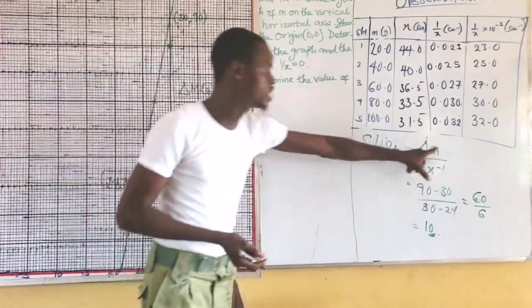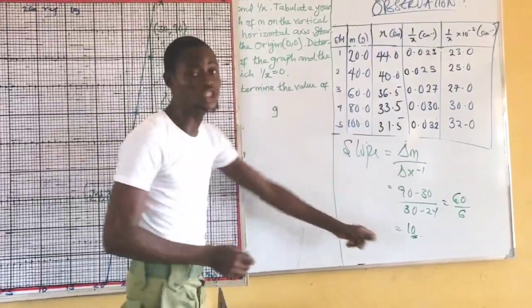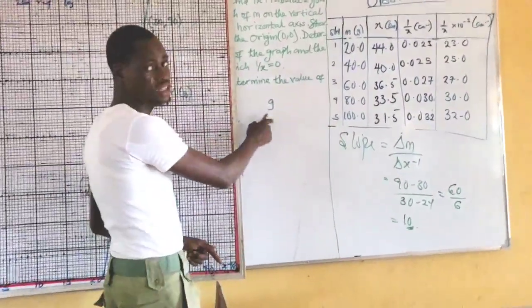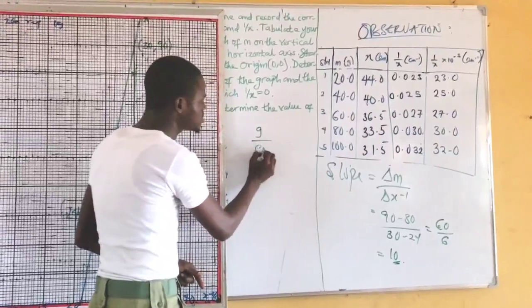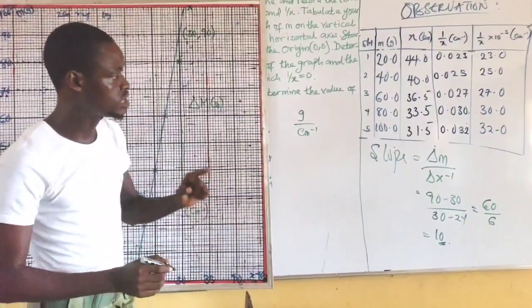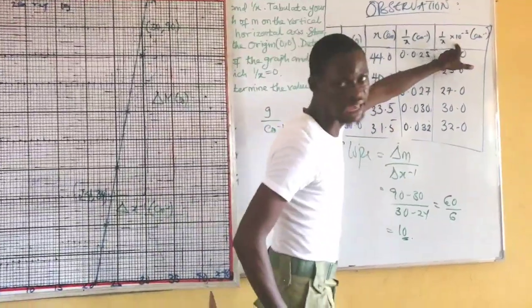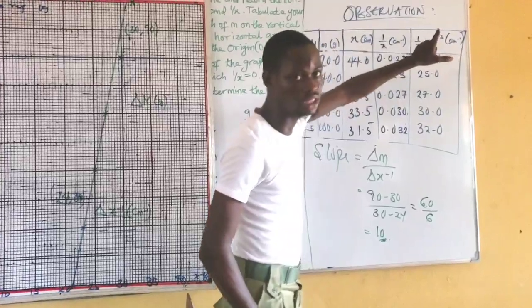Now, what is the unit of this mass here? Don't forget that your mass is in gram. If my mass is in gram, and this one is in centimeter inverse, automatically there is a value of 10 raised to the power minus 3 here.